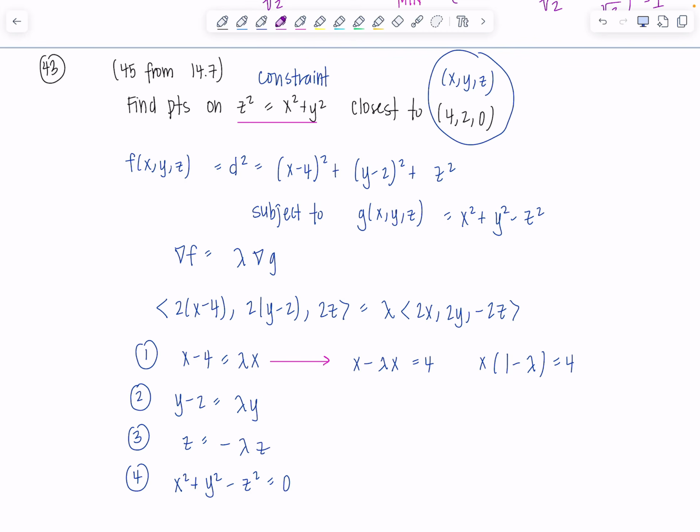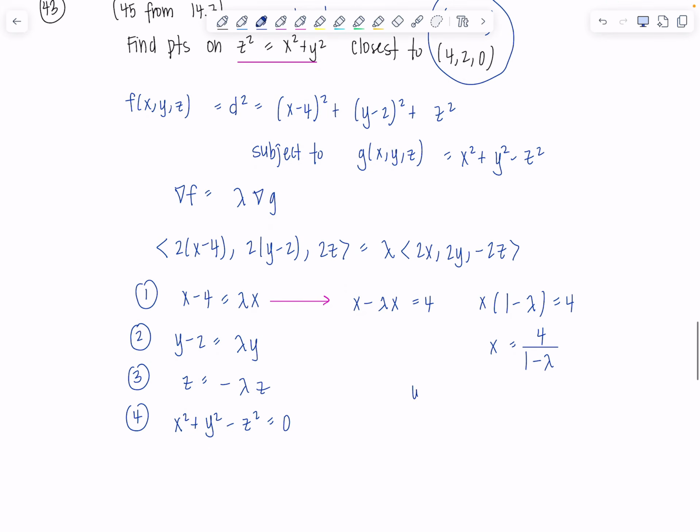x can't be 0 because of the first equation. You're right. Okay, there was a lot of thinking going on, let's write that out. I'm going to divide right now by 1 minus lambda. So x equals 4 over 1 minus lambda. What if lambda is 1? Then from equation 3, z would have to be 0, right?